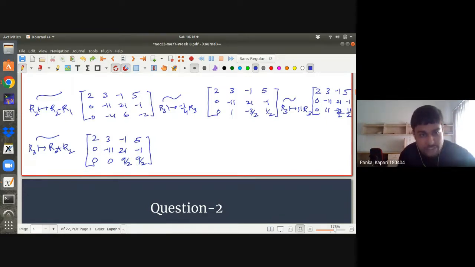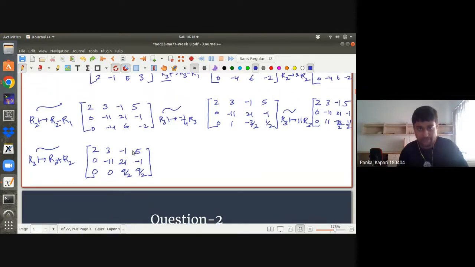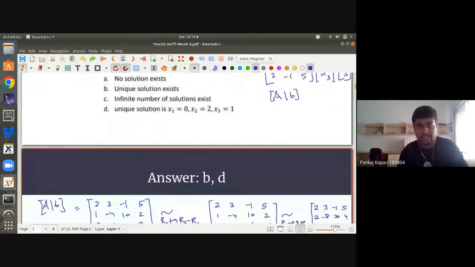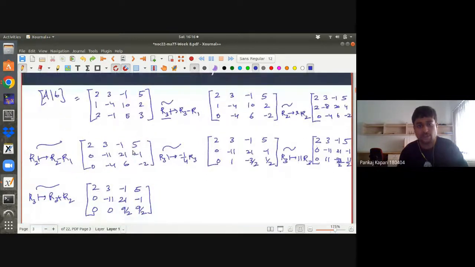And then we check how many non-zero entries are there on the main diagonal. Now you can see that there are 3 non-zero entries on the main diagonal, and we have 3 unknown variables to solve. That means the system is consistent and there will be a unique solution. And that's why one of the answers is B, that the system has a unique solution.